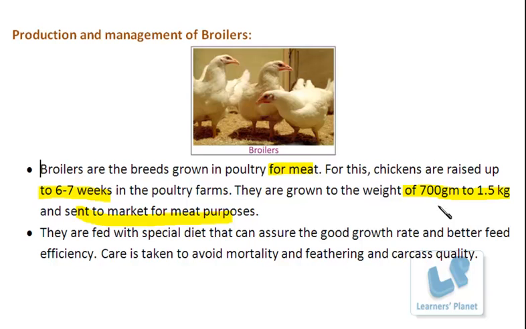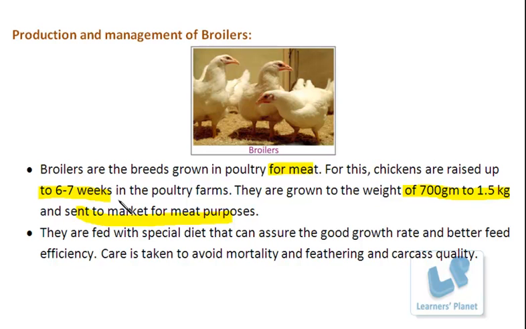Now if this weight or this age has to be maintained, then definitely mortality is not the factor to consider here, right? The organisms with low mortality rate are fine for this purpose, whereas in the case of egg layers, the age or the mortality plays a very important role, right?